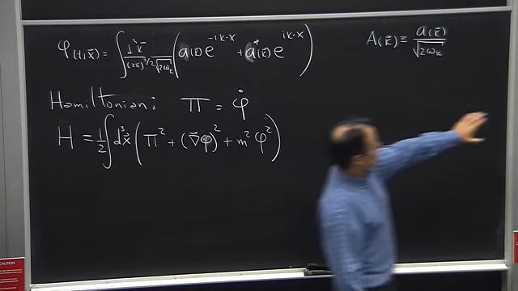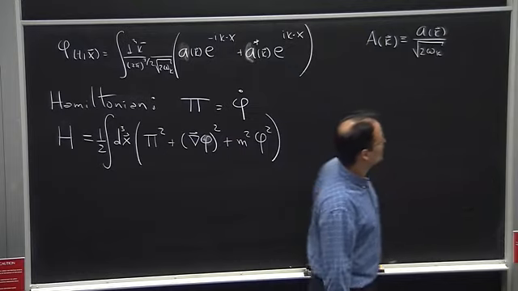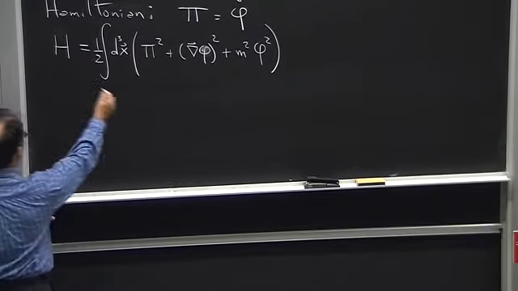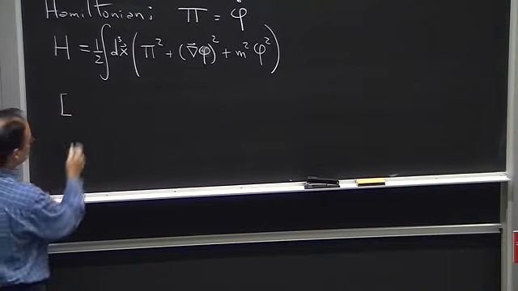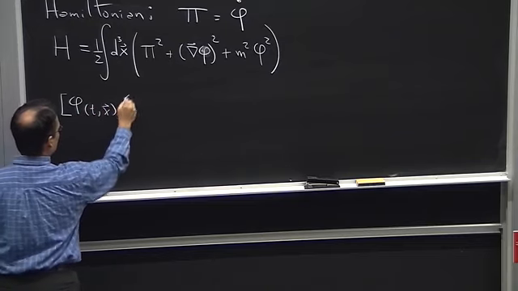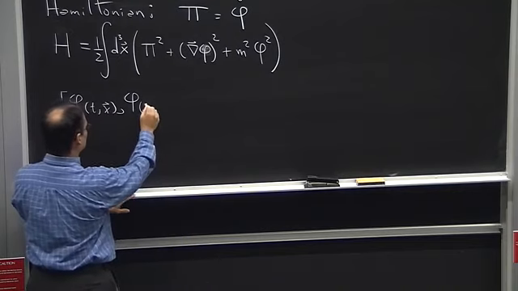So if we have this formula for the quantization in classical mechanics of a classical mechanical system, it's only natural to propose the same class of commutation relations when we promote phi to become an operator.